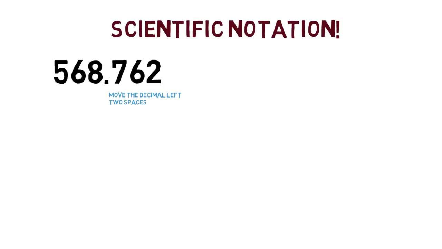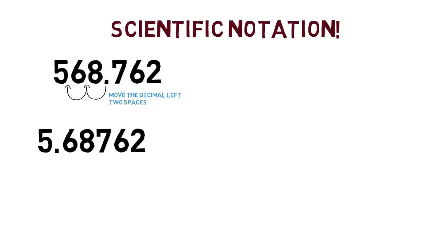So we have to move the decimal left 2 spaces. This gives us the number 5.68762. And then in scientific notation, we always write times, with an X, 10, and that 10 is raised to the power of 2 in this case.